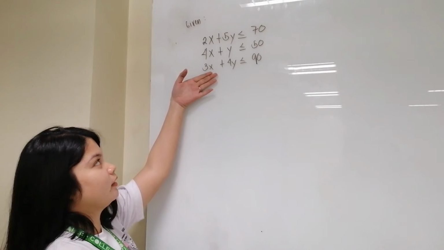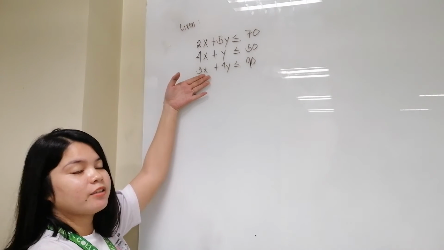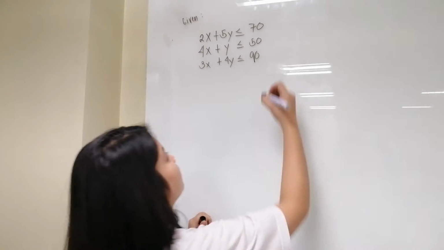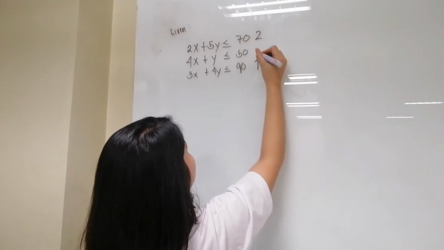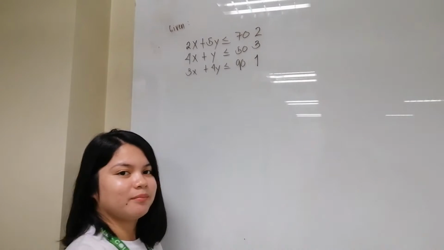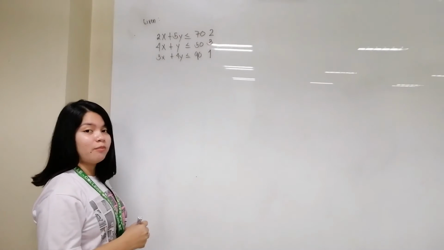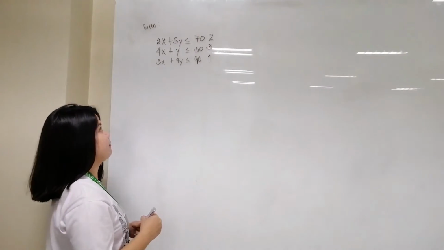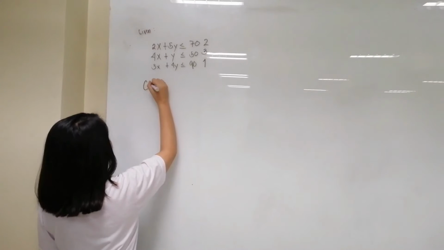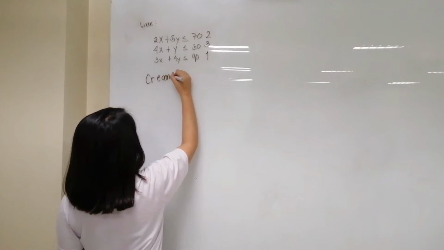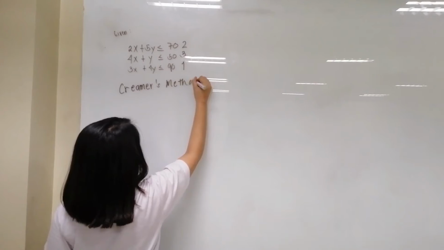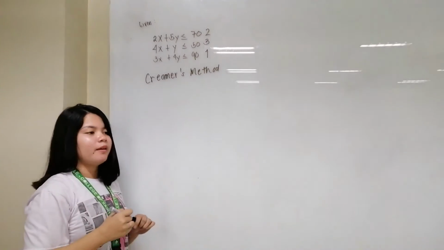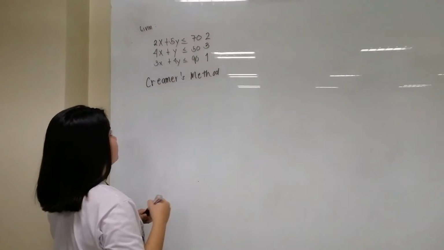This is our given. We'll arrange this from highest to lowest. So this 90 will be the first, 70 will be the second, and third is the 50. To solve this problem, we will use Cramer's method, arranging them according to the first step.